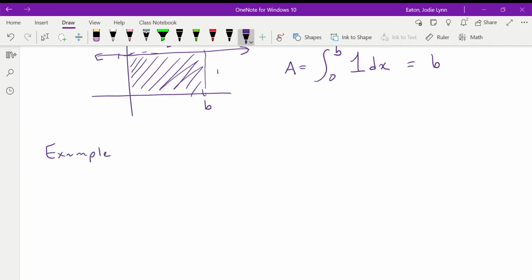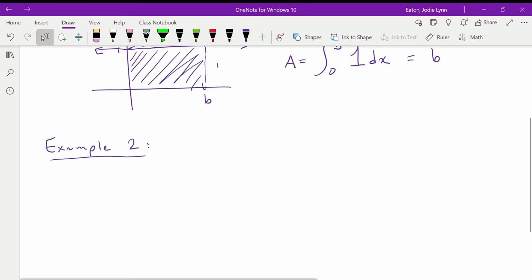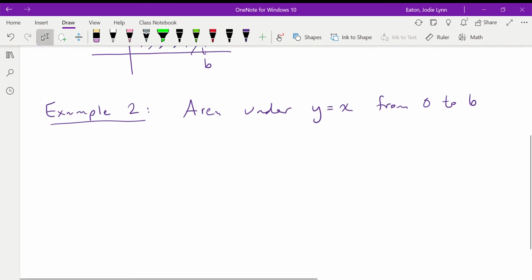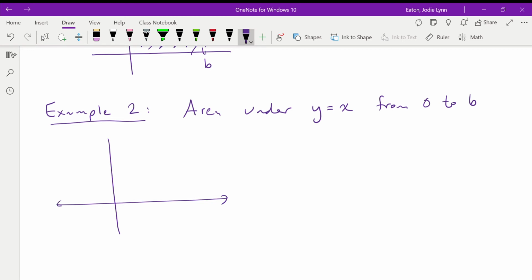Let's try something a little bit more complicated. I wonder what the integral of x is. So let's find the area under y equals x from 0 to b. So we have here, let's take a b here and a b here.